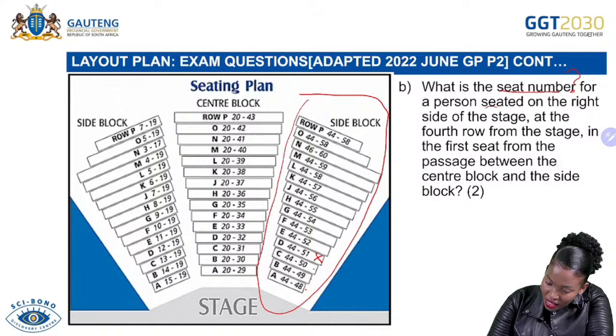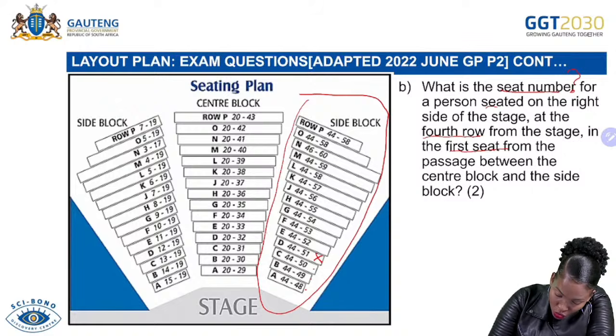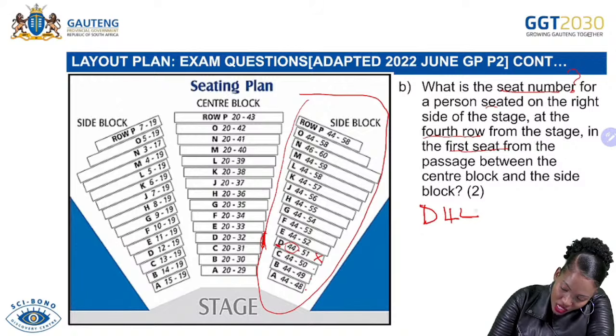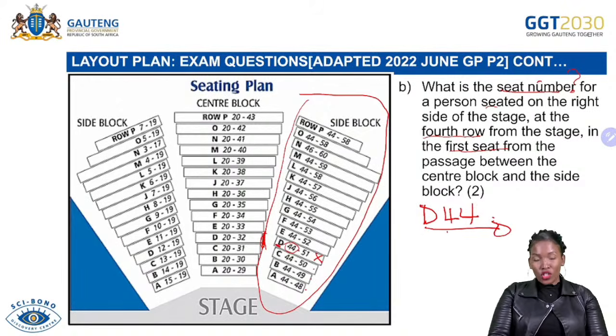Seated right side of the stage at the fourth row, we've located the fourth row, in the first seat from the passage. So this is the passage. The first seat is just here, so it is D1. The first seat is 44. So the first seat there, it is D44. This is the answer. So the seat number is D44.